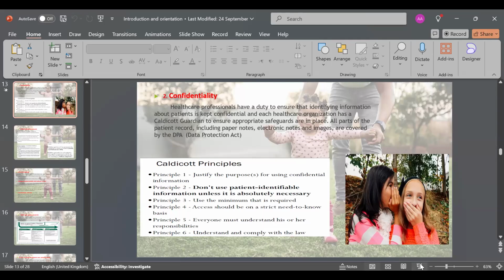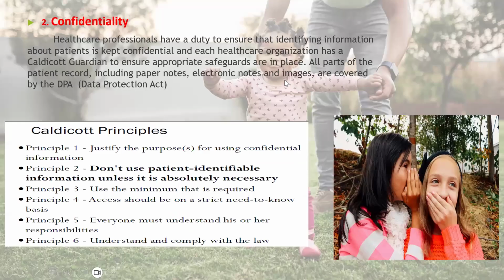In the Caldicott principles, it is about respecting patient confidentiality. For example, sometimes a patient will come and want a certain procedure or treatment, and she doesn't want anyone to know about it. For example, a 16 year old lady who comes asking for abortion, and her parents don't know about this pregnancy at all.